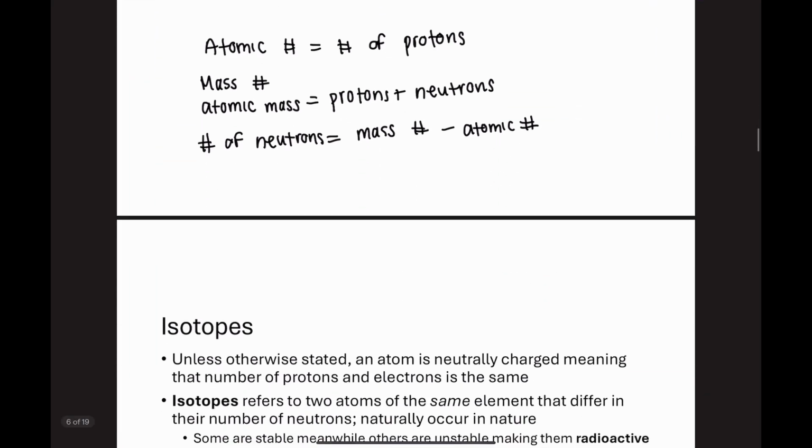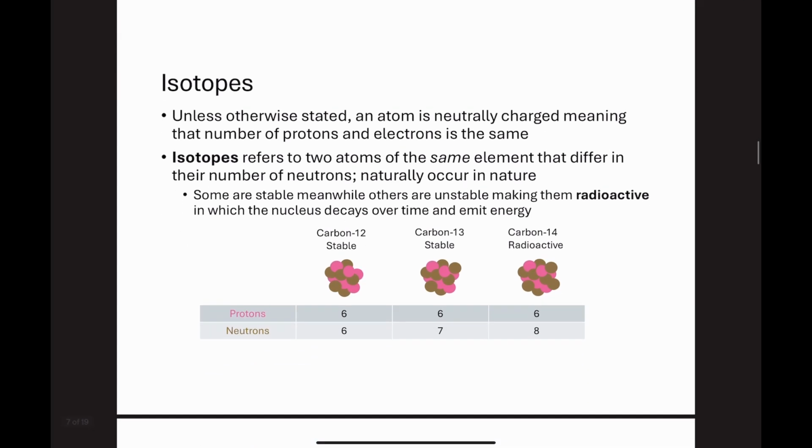So the next thing that I wanted to talk about is an isotope. And this can be a little bit confusing. Basically, an isotope refers to atoms of the same element that differ in their number of neutrons.